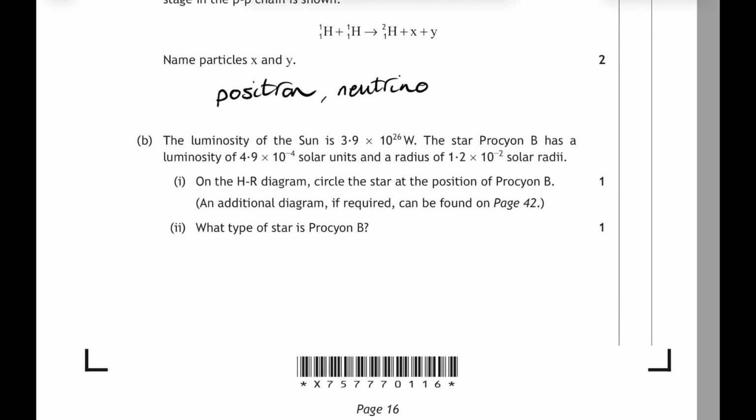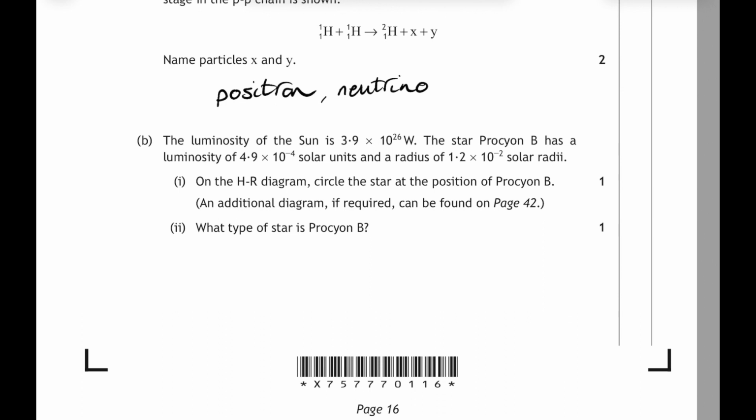Part B, the luminosity of the Sun is 3.9 times 10 to the 26 watts, and the star Procyon B has a luminosity of 4.9 times 10 to the minus 4 solar units and a radius of 1.2 times 10 to the minus 2 solar radii.